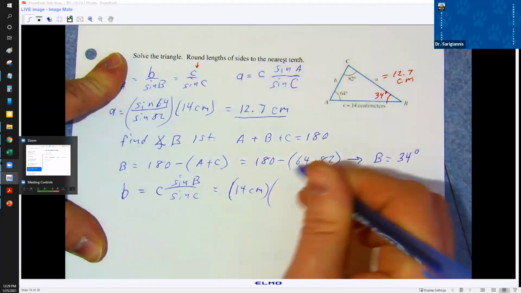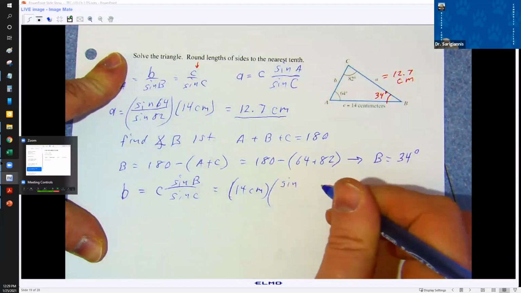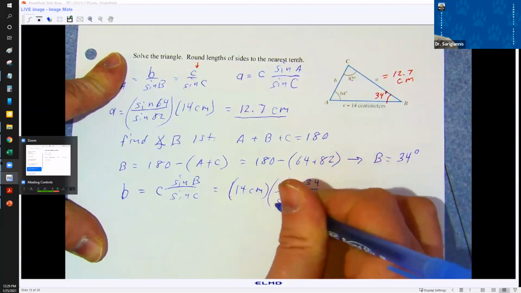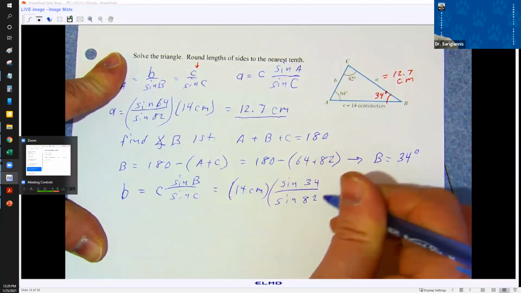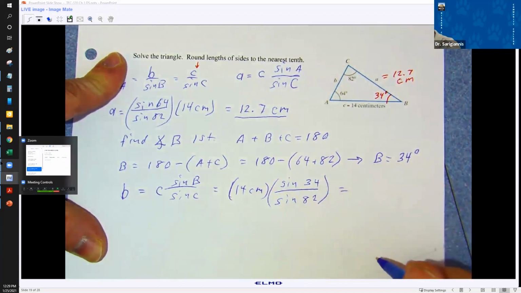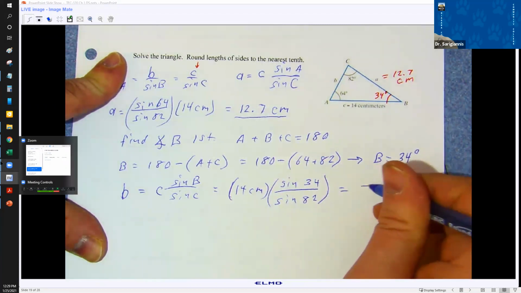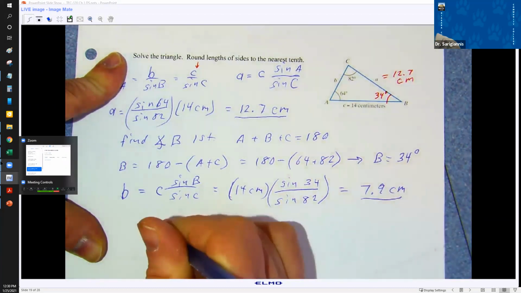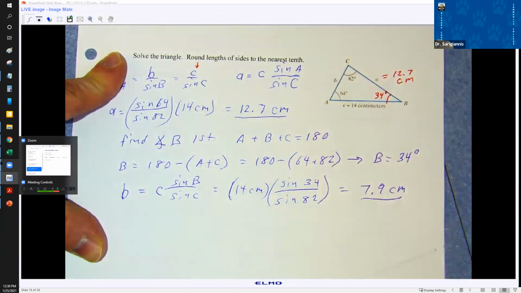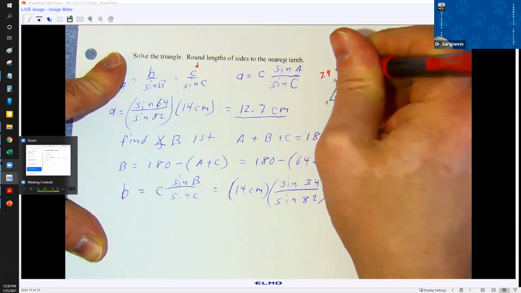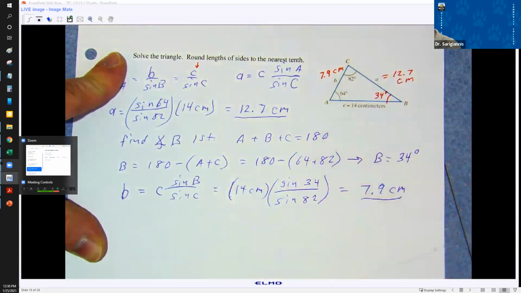And then I've got sine 34 over sine 82. And this gives me, what does it give me? 7.9. So that's what B is, 7.9 centimeters.